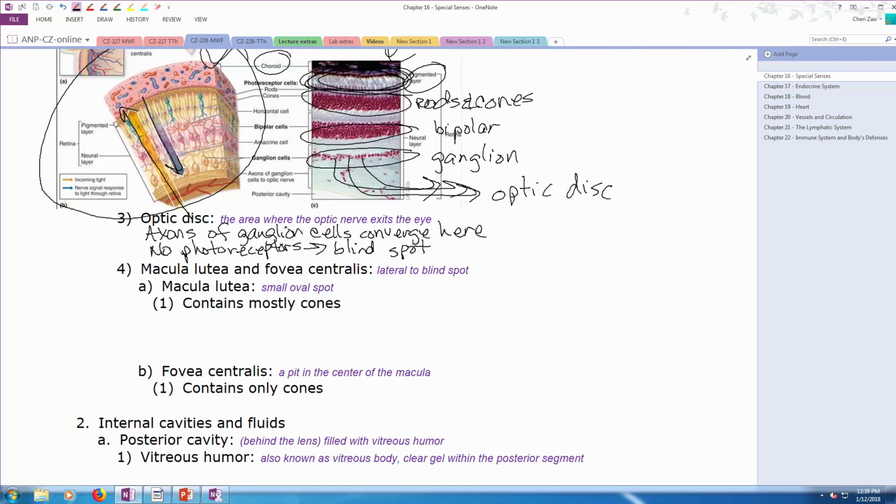Okay. So let me ask you a question. Where are your blind spots really located in real time, real anatomy? Are they located off to the side in your eyeball, or are they located straight back, or are they located nasally?